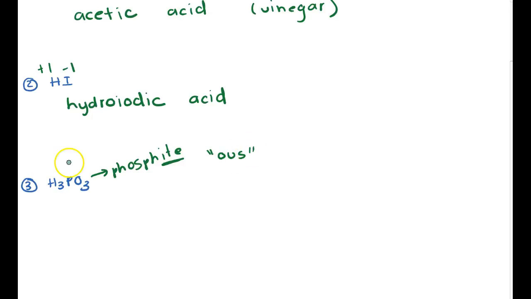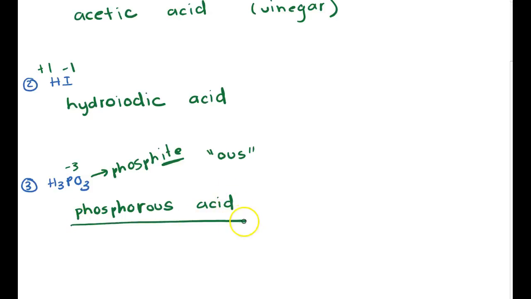Phosphite has a -3 charge, so it makes sense that we need 3 of these hydrogens to balance it out. Our base name for phosphorus is going to be phosphor. We said our ending is going to be ous, and we want a space and acid. So we have phosphorous acid.